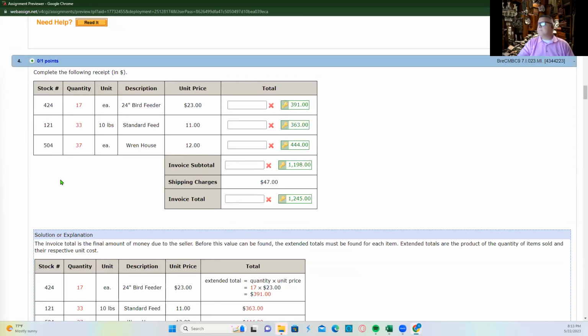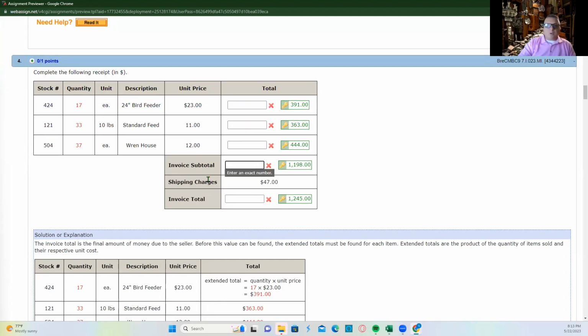Complete the following. You just take the quantity times the unit price and get your total price on everything here. Your invoice subtotal is going to be the total prices here all added together.